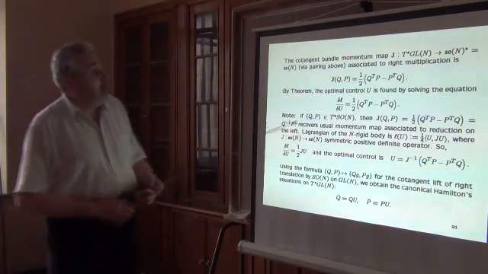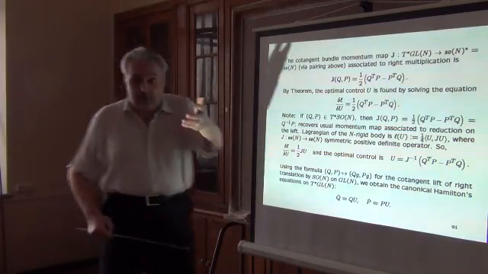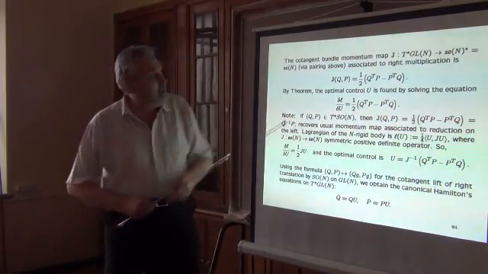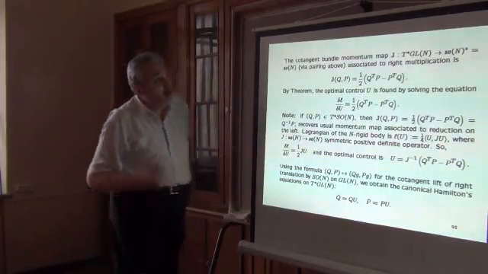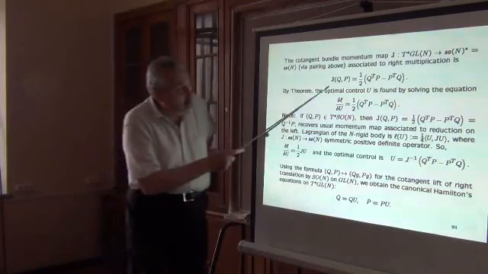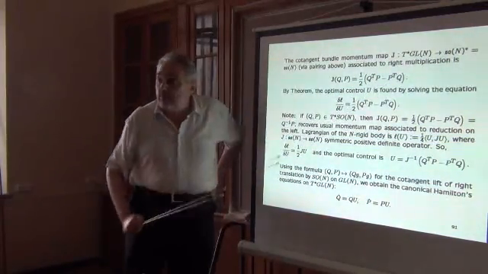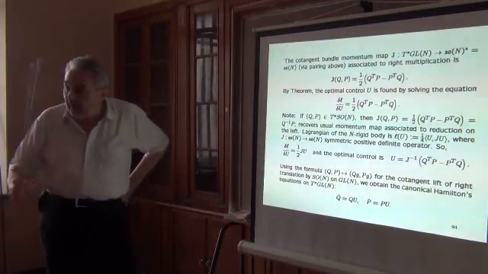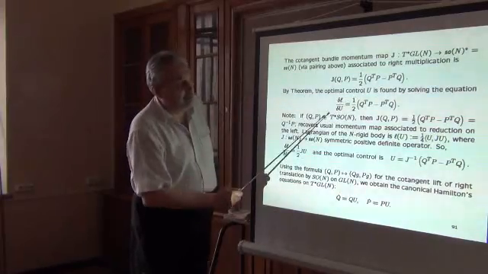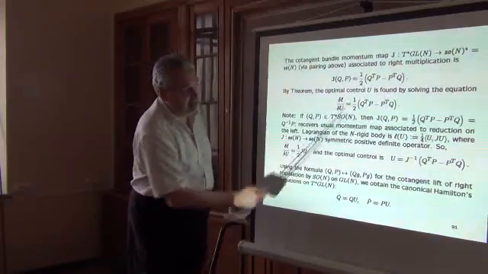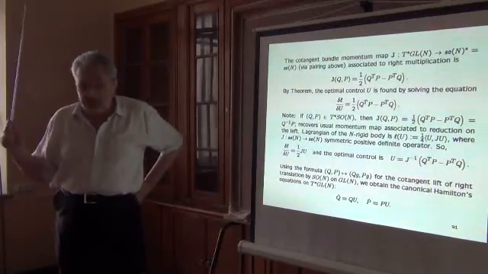Okay, so now you want to see what is the, there was a momentum map, remember, to compute this. The cotangent bundle momentum map J goes from here to here. So who is this? You sit down and compute it. It's an exercise. Q transpose P minus P transpose Q. Okay, let's apply the theorem. The theorem says that the optimal control U is found by solving the equation del L del U is equal to this, which we know is automatically satisfied if I solve the Euler-Poincare equations.